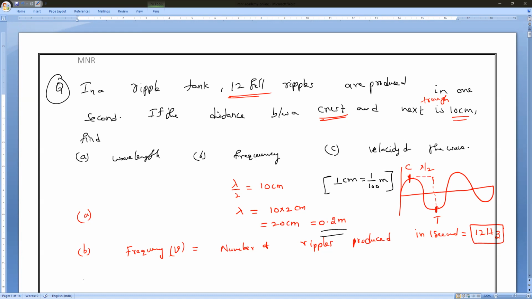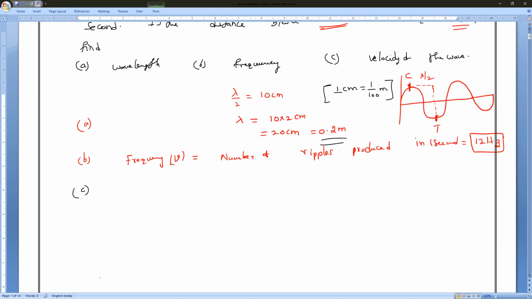Then calculate the wave speed. What is the wave speed formula? You know the wavelength and you know the frequency. Velocity is equal to wavelength into frequency. Wavelength is 0.2 meters.